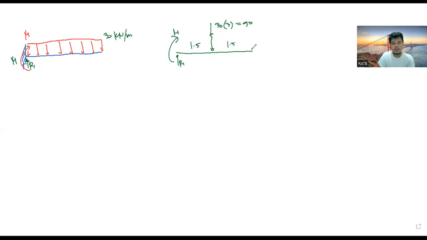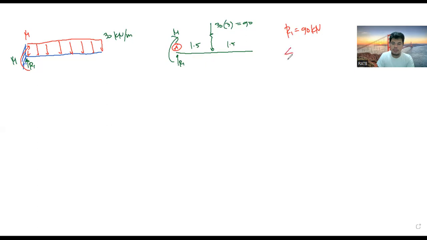Let's say we have here point A. We can do moment here, but we have to consider this moment M. If we sum up forces, R1 would be equal to 90 kilonewtons, just the same as presented a while ago.